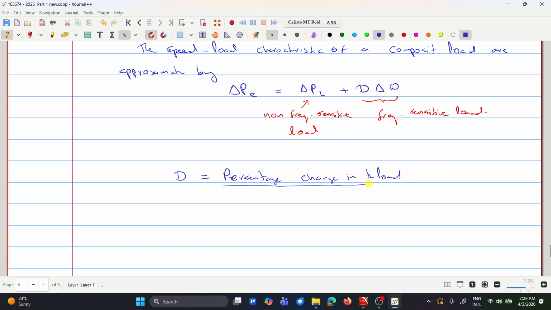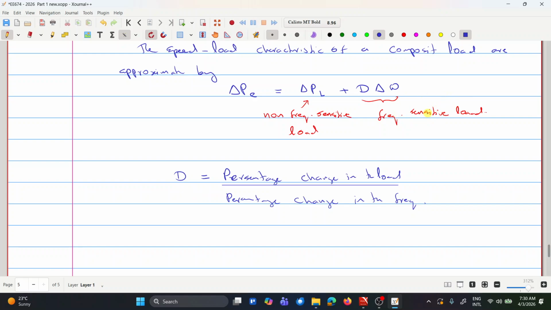So that means how sensitive the load change is to the frequency change, that is defined by the capital D.